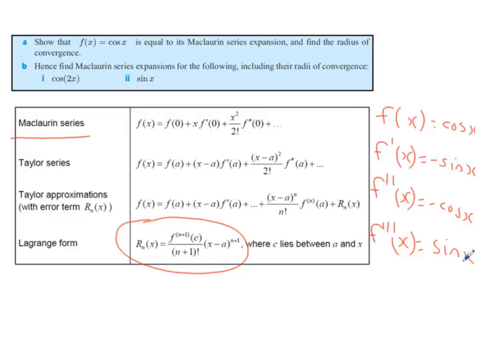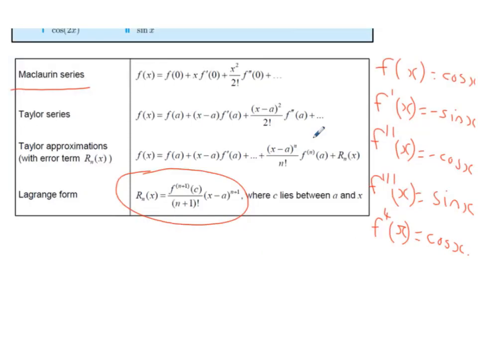And then the fourth derivative is just going to go back to cos x, and then we start the cycle again. So you're going to have cos x, minus sine x, minus cos x, sine x, cos x, minus sine x, and so on. All right, so now we need to evaluate these at 0.